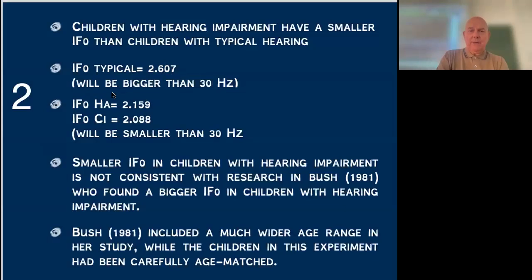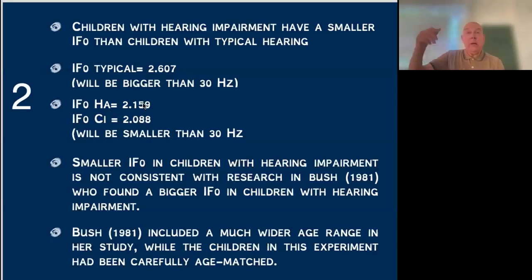And the IF0 will in fact be bigger than 30 hertz, just to give you an idea what that means. Whereas in hearing impaired children, the IF0 will be significantly smaller than 30 hertz. And so smaller IF0 in children with hearing impairment.